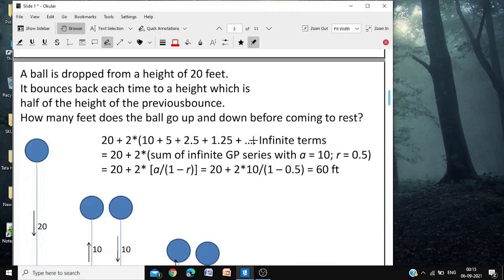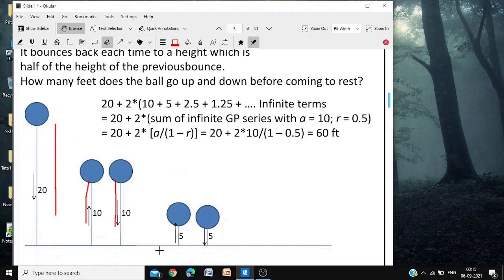Now here we have a ball dropped from a height. First it goes down 20 feet. The next time it bounces 10 feet and goes down 10 feet. Next it goes up 5 feet and comes down 5 feet. Next it goes up 2.5 feet and comes down 2.5 feet. Next it goes up 1.25 feet and comes down 1.25 feet.